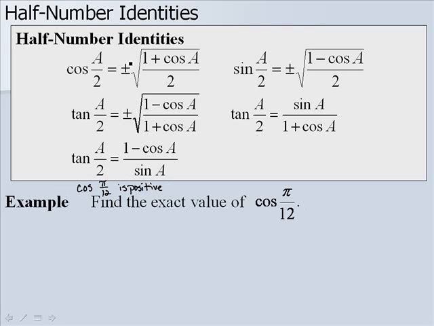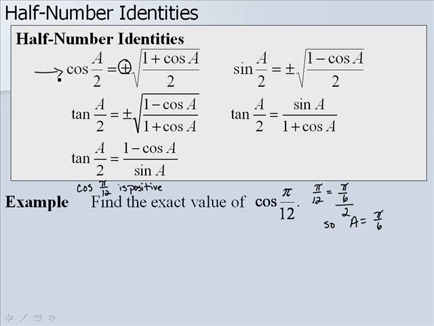So when we're using our identity for cosine of half angle, we'll use the positive here. Now pi over 12 is equal to pi over 6 divided by 2. So we have that a is pi over 6 in this case.